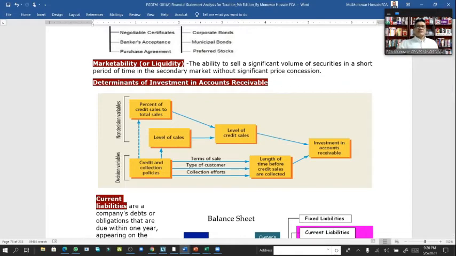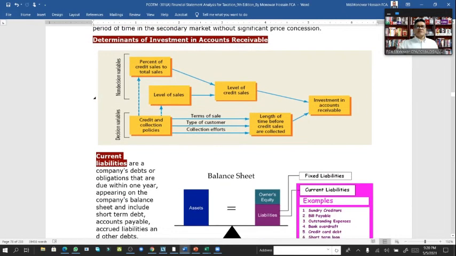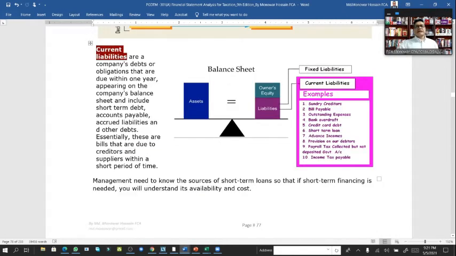And determination of inventory, accounts receivable, if we see here, and also current liability. We know in accounting equation the total asset equals total liability and owner's equity. So if we see here, liability means different types of liability. Some are fixed liability, some are current liability.